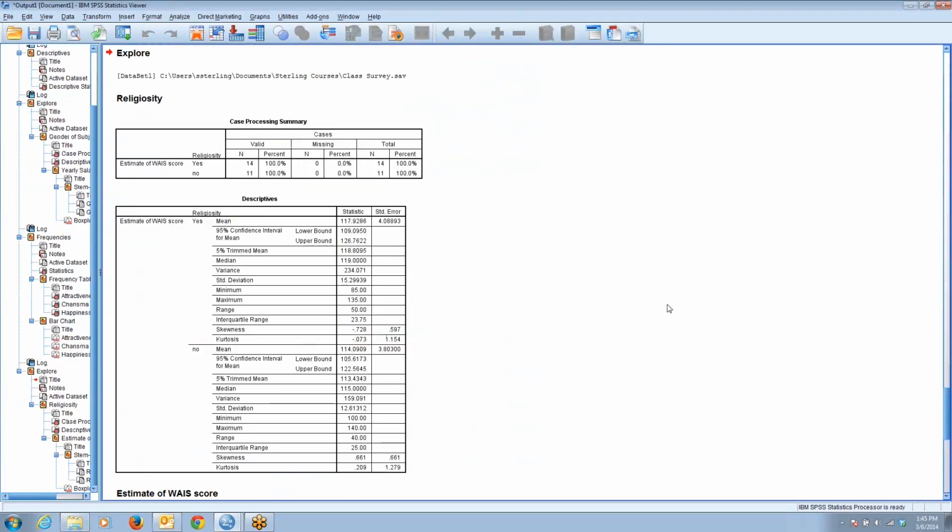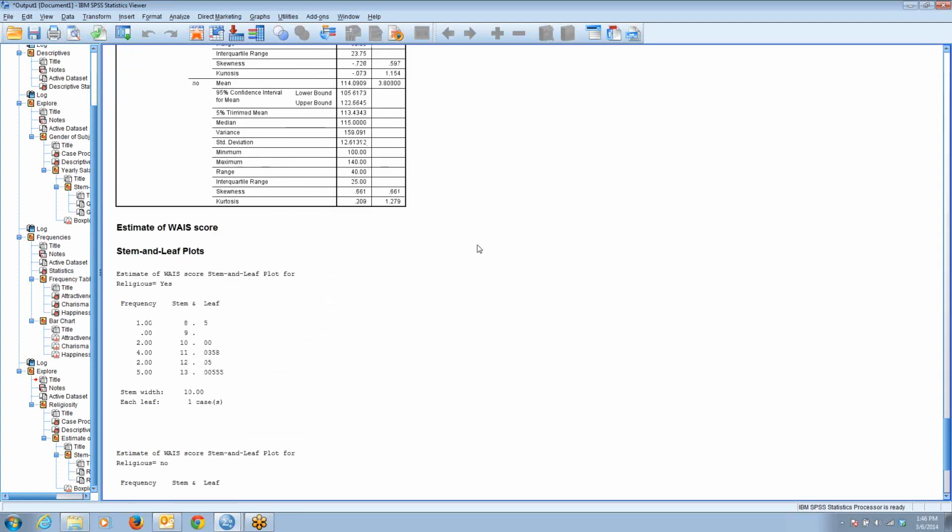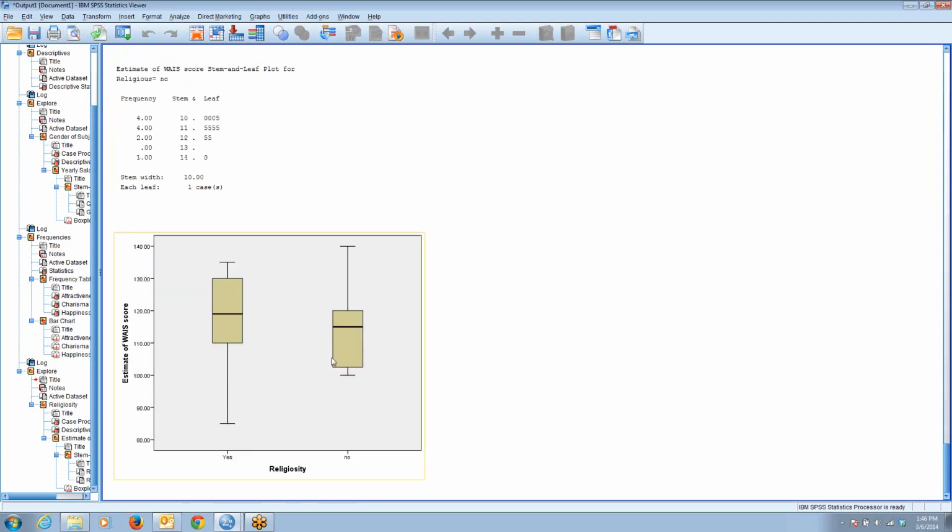Click on OK. So then we have religious people in our group scoring 117.9 and non-religious people scoring 114. And so if you look at this, what you'll see is that in our sample, the religious people were seen as more intelligent than the non-religious people.